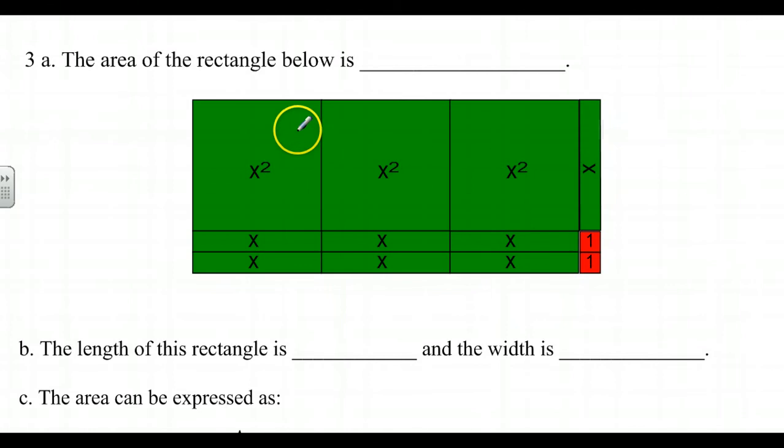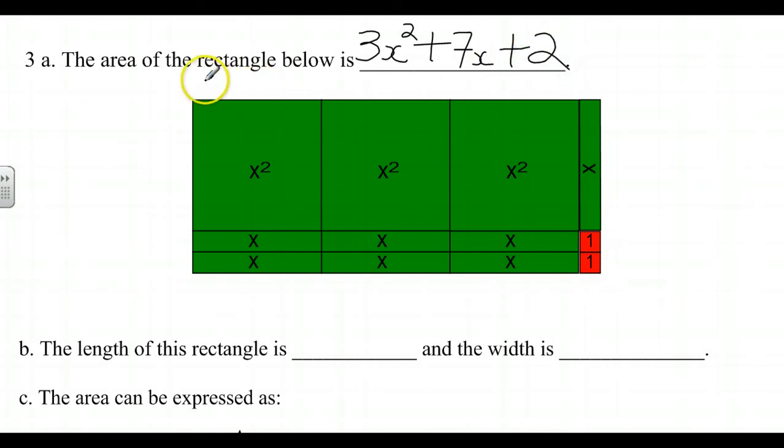The area of the rectangle below is, okay, what do we got? We got 1x squared, 2x squared, 3x squared. So I'm going to write that down. We have 3x squared. How about we got 1, 2, 3, 4, 5, 6, and there's one tucked in here. So plus 7x and 1, 2, plus 2.